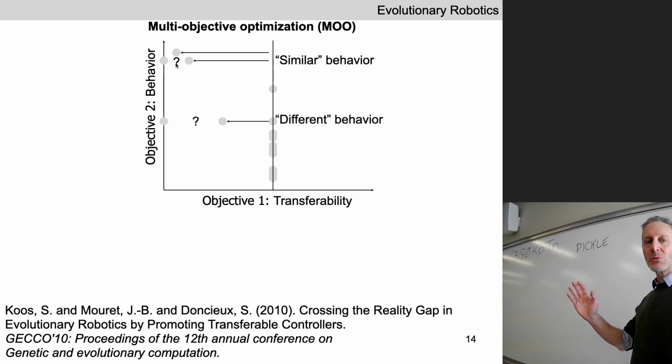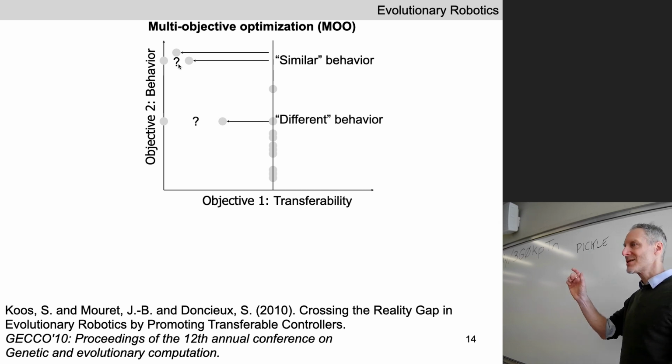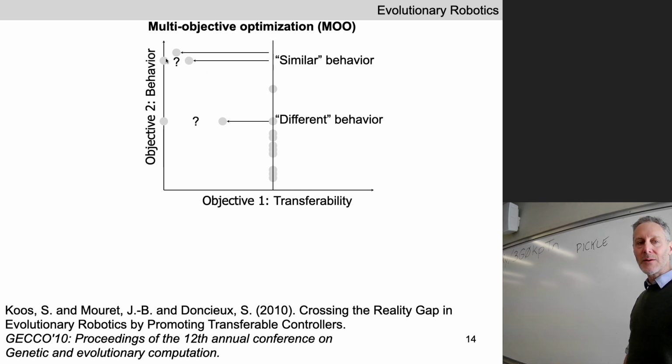Controllers that are close, we can be kind of confident in their transferability metric. So I've drawn these two dots here that are close on the transferability axis to indicate we can probably make a pretty good guess about how they're going to transfer. And we can also probably be pretty confident in ones way down here. These ones are probably over here.